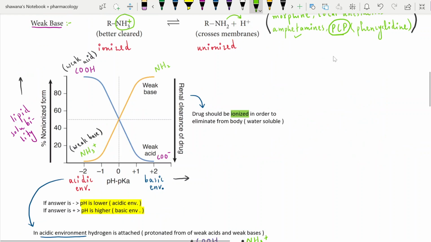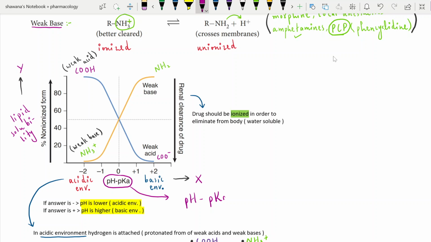Coming towards the graph, this is the first graph we are discussing, and there is no rocket science in it. Just follow the terms which are labeled here. This is the x-axis, and this is the y-axis of the graph. The x-axis indicates the term pH minus pKa.